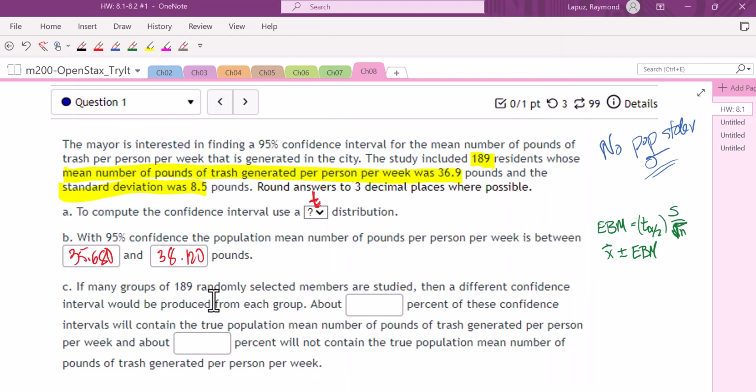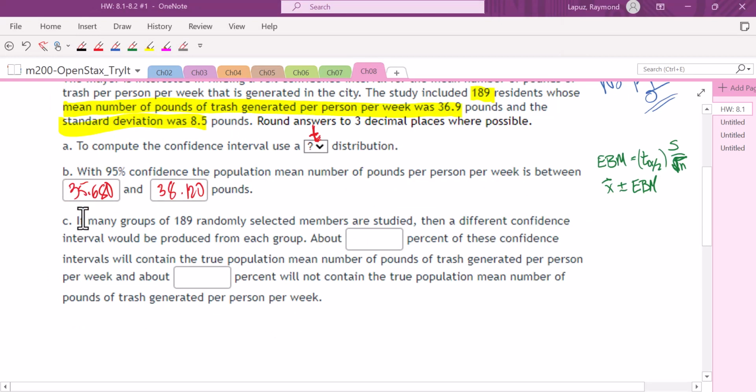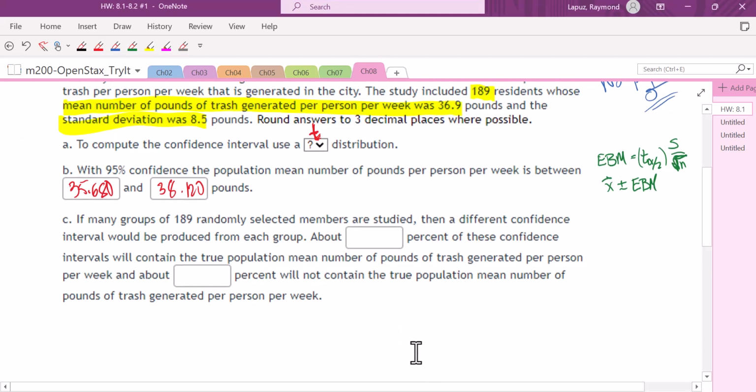All right, the next part of the problem is just an interpretation. It says if many groups of 189 randomly selected members are studied, then a different confidence interval would be produced from each group. About what percent of these confidence intervals will contain the true population mean, and about what percent will not contain the true population mean?